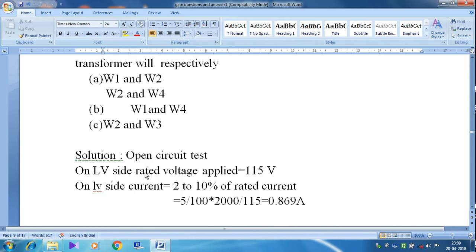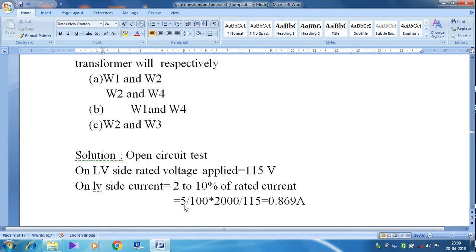So already you know that in the open circuit test on the LV side, we have to apply the rated voltage, that is 115, and since the secondary side is open, it will draw very little current, that is 2 to 10% of the rated current.